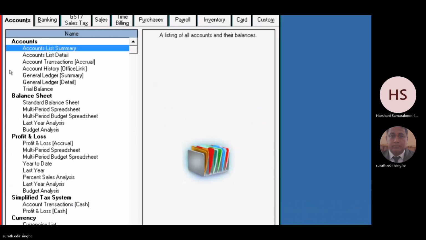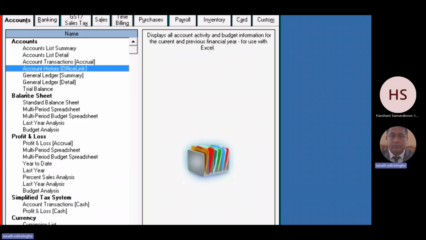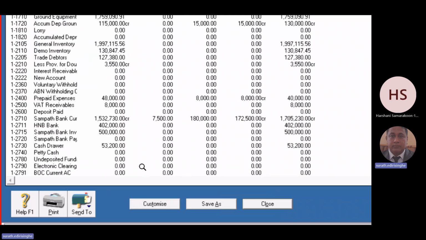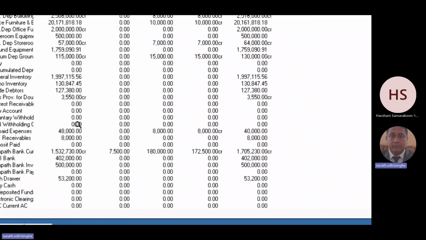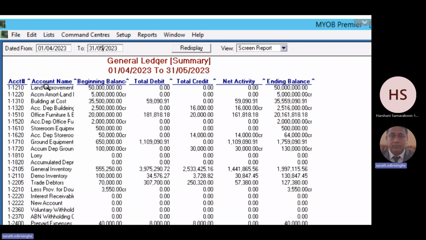Then account list detail, transaction detail, history detail, general ledger summary detail. Look at it. General ledger summary. Look at this detail for a specific time period. When I take my first month and take the same month 30th.